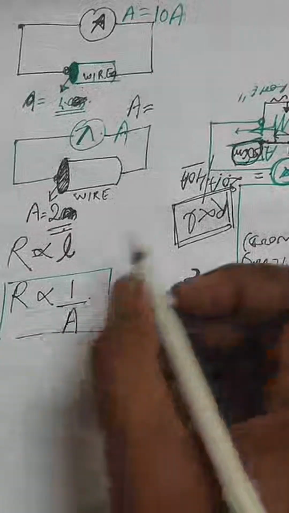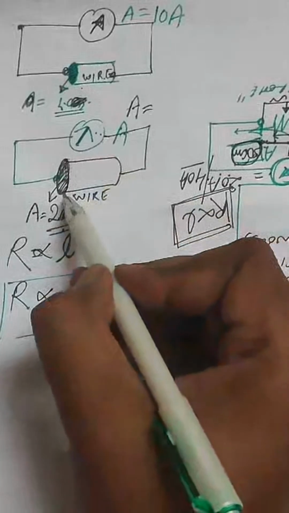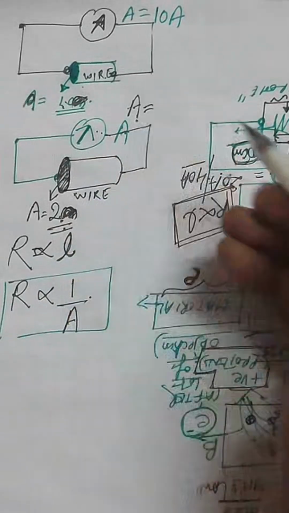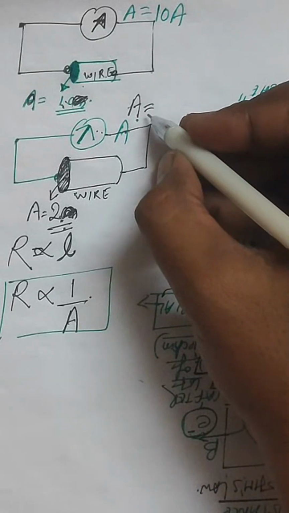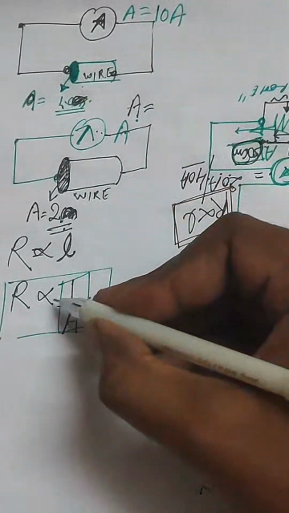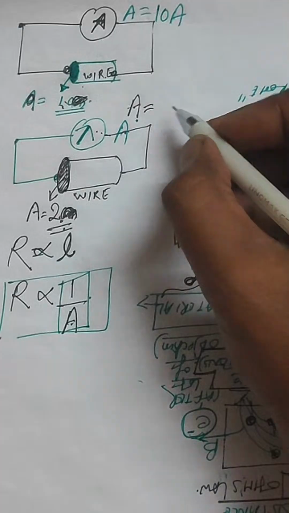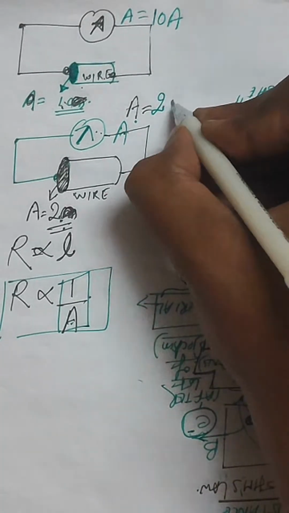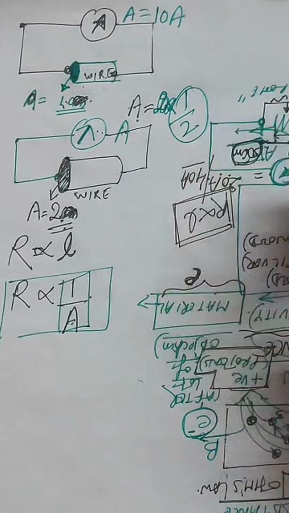That means whenever the area of the cross section is increased, then what happens to the current through this ammeter? Tell me. The resistance is inversely proportional, not directly proportional, to the area of cross section. That's why the current through this is halved, 1 by 2.